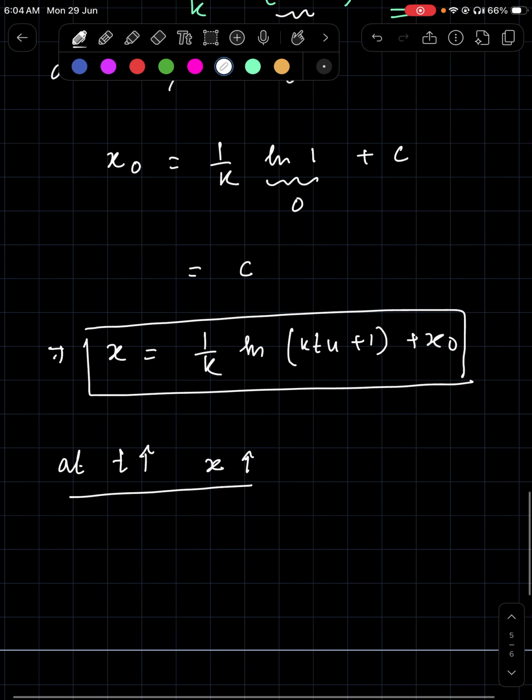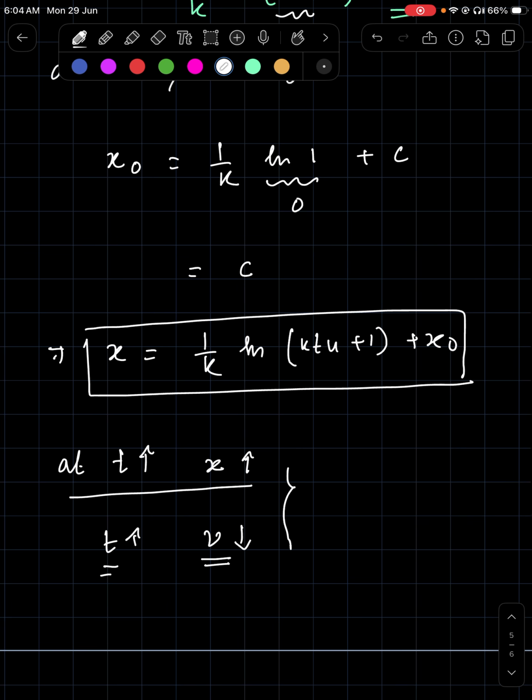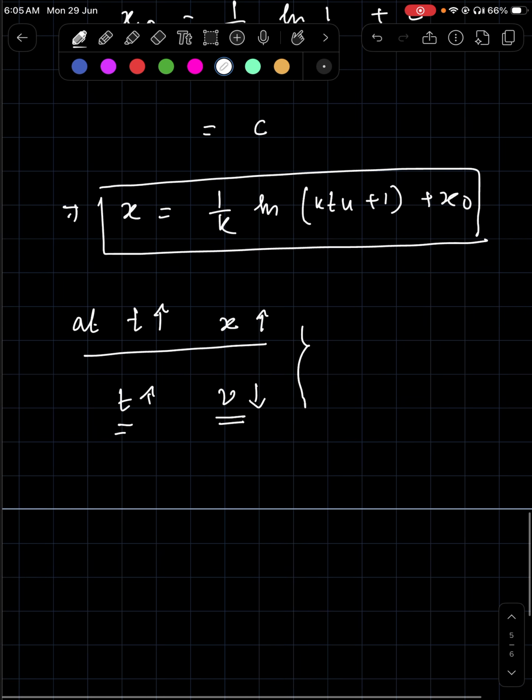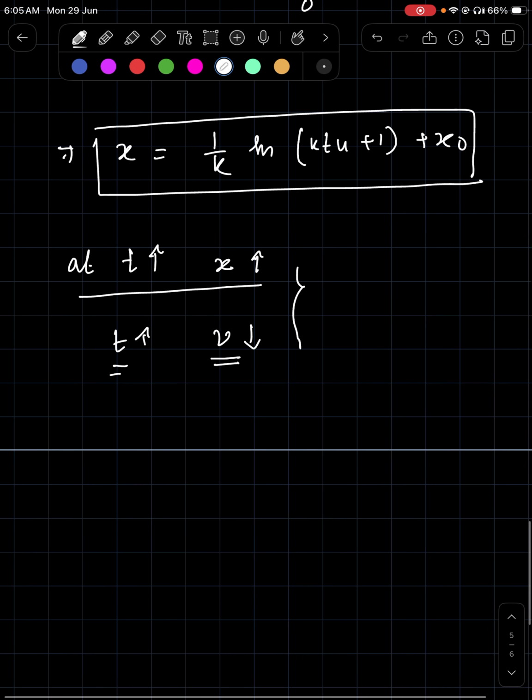The velocity we have found is decreasing when t is increasing, but the distance will keep increasing. So it is a very surprising case, right? The particle will never stop anywhere. It will stop only at infinity, because of the log.